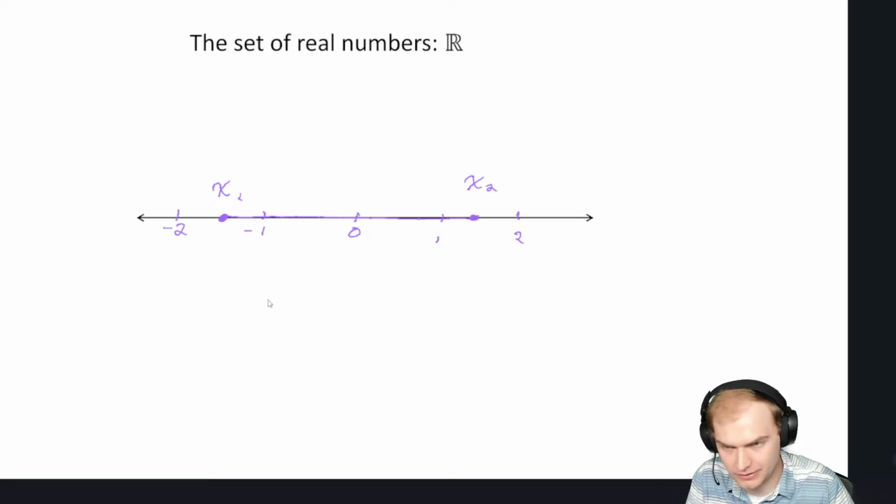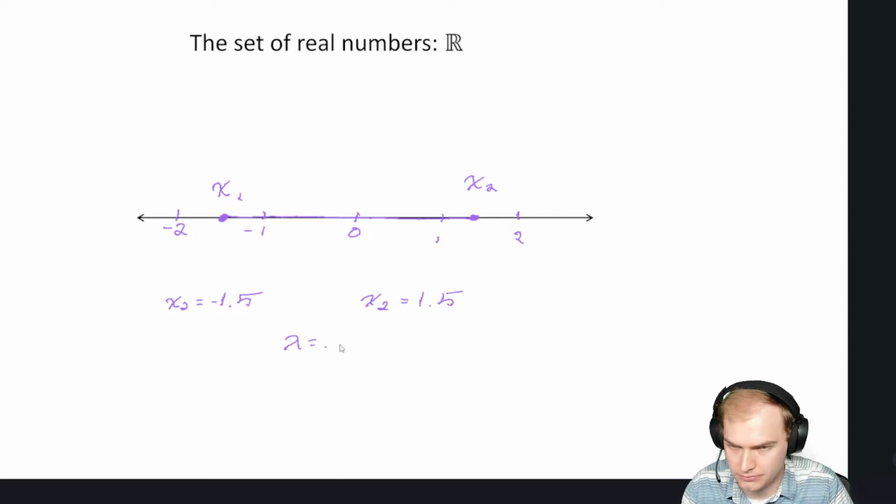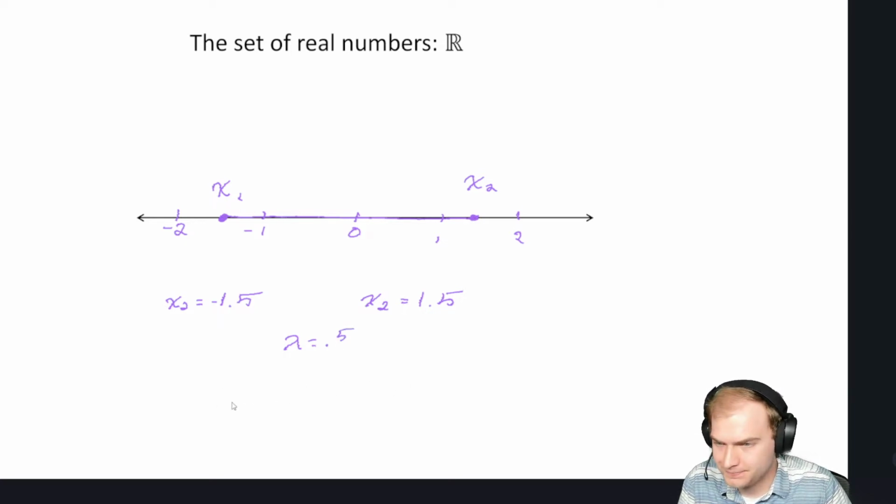If we want to think about the convex combination, say we have x1 is -1.5 and x2 is positive 1.5. The convex combination, let's say lambda equals 1/2. I've just set myself up for having to do some on-the-fly division.